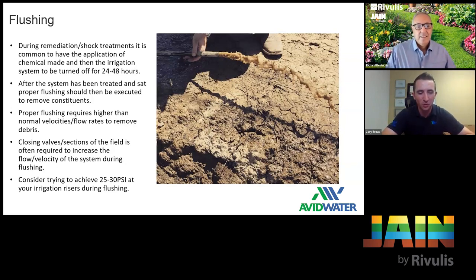If it's a one set 40-acre field, maybe it's opening or closing a valve, and now it's a 20-acre set. You've doubled the flow to one side of the field, and then maybe opening up half of one end. That's just a rough example. But I think you see what I'm getting at: get that pressure up, get the ability to shoot that water, scour the inside of the tubing, and pull that debris off.